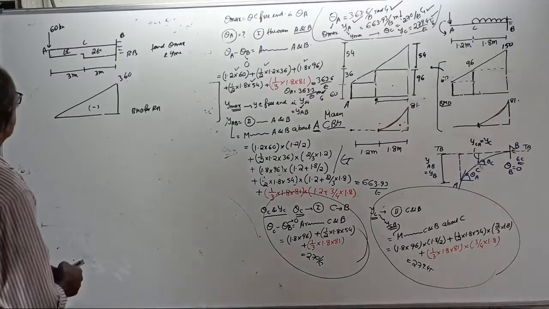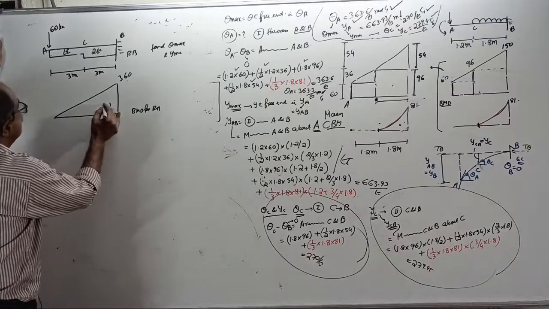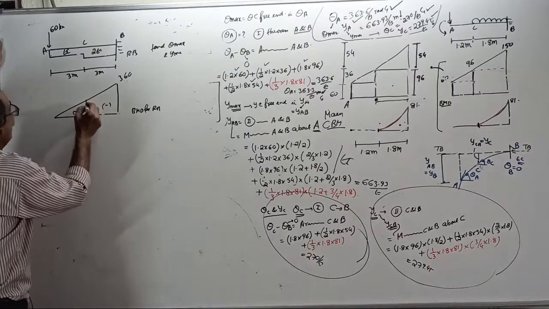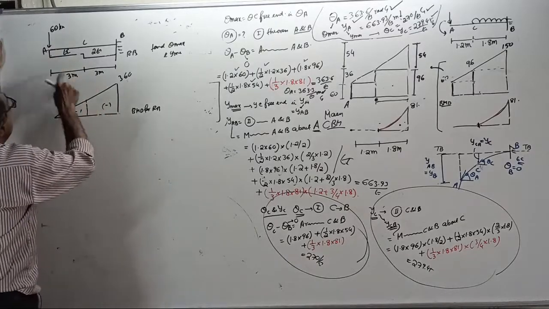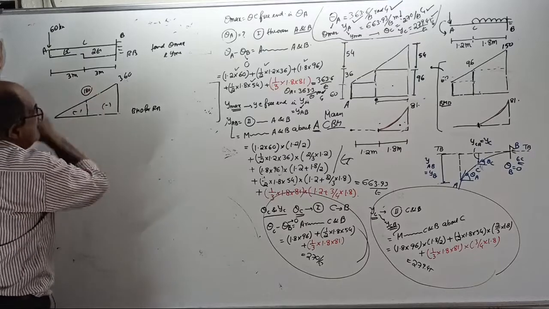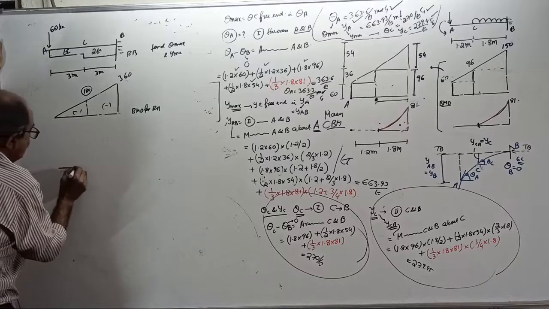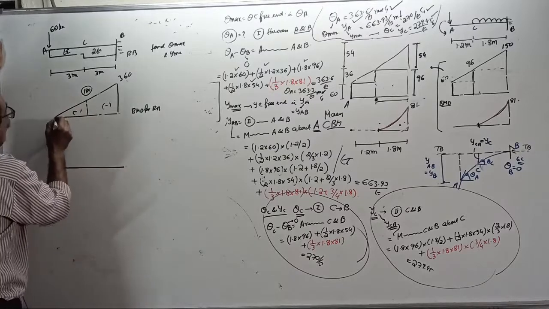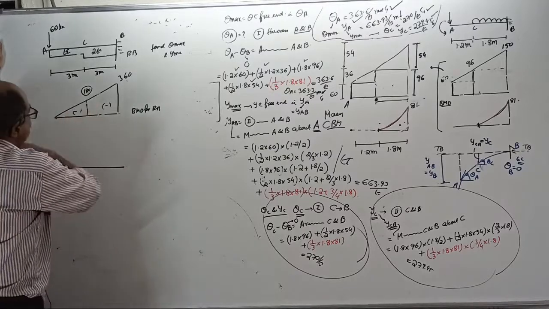But because of the change of EI, you need this value. What is that value? 60 into 3, that value is 180.